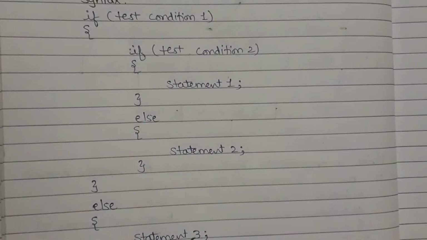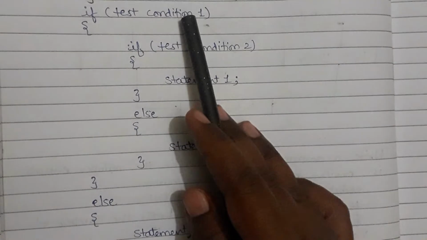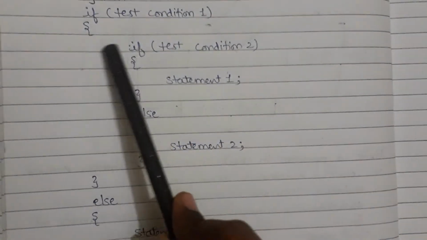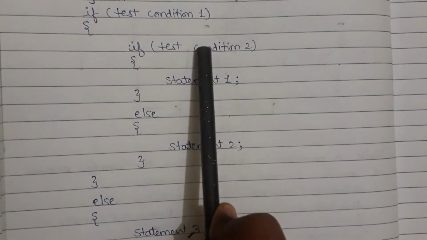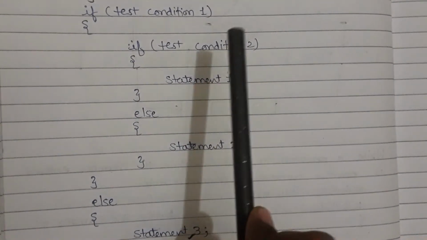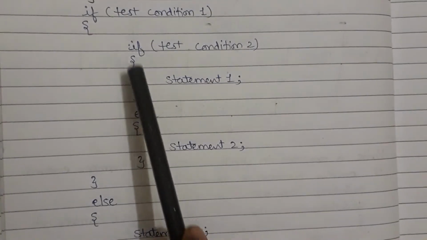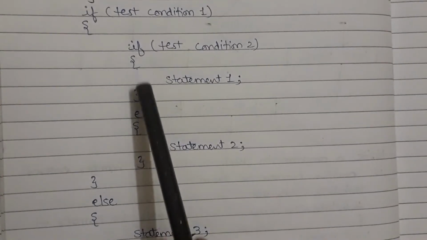If test condition 1 is true, it comes within this if statement, and we check the second condition, test condition 2. If it is also true, then it will execute this block of statements, the statement 1 block.